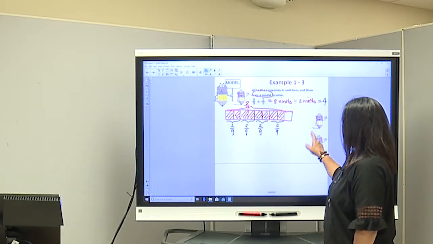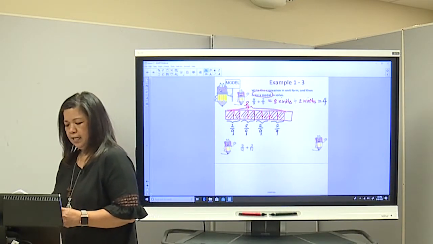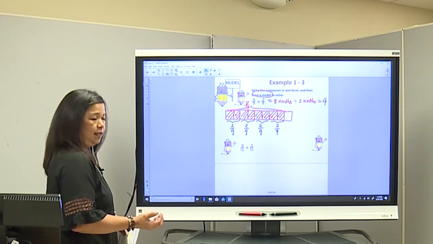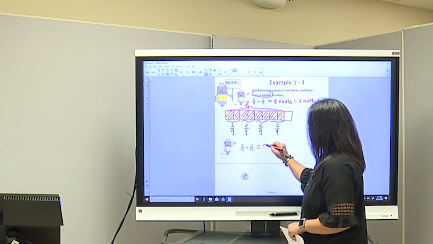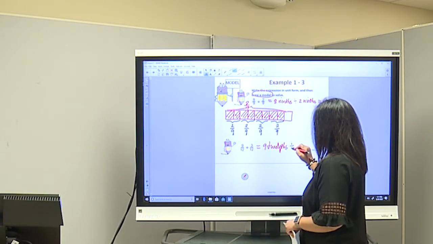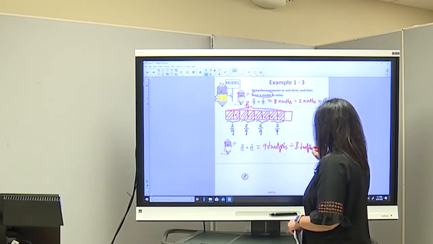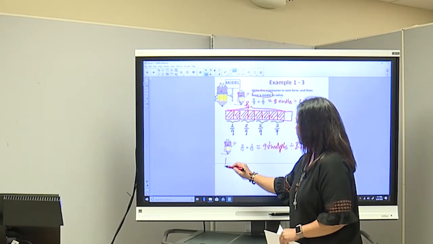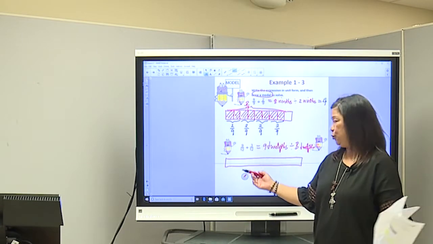Okay? Now, let's try the next one. 9 twelfths divided by 3 twelfths. So write it as a unit form. 9 twelfths divided by 3 twelfths equals. All right, so using a tape diagram, the whole thing is 12.